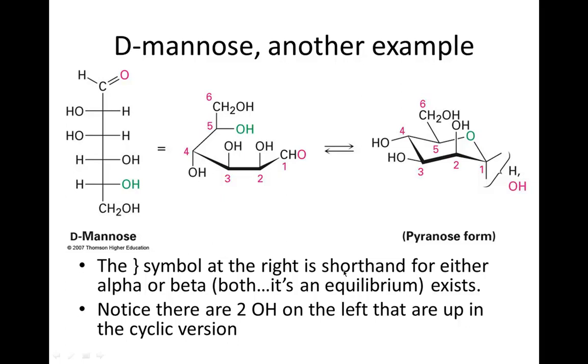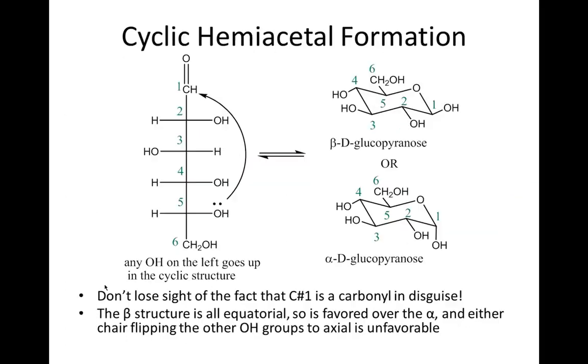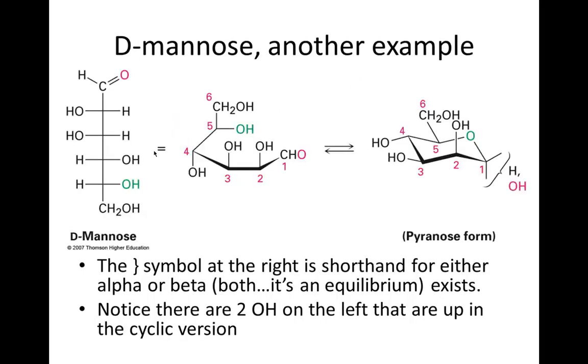So here's another example. This one is called D-mannose, and if you look, the difference is in the position of this one OH. So let's go back. In glucose, you've got 3 OHs on the right-hand side and 1 on the left. In mannose, you have 2 on the right and 2 on the left. But you notice the penultimate carbon, the molecule is still in the R configuration on that particular carbon.